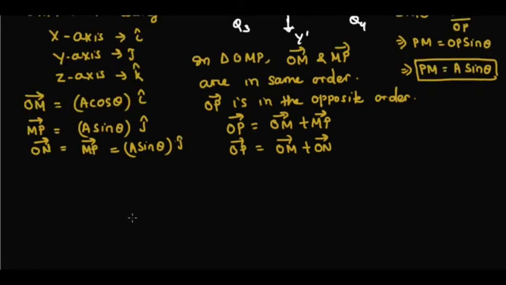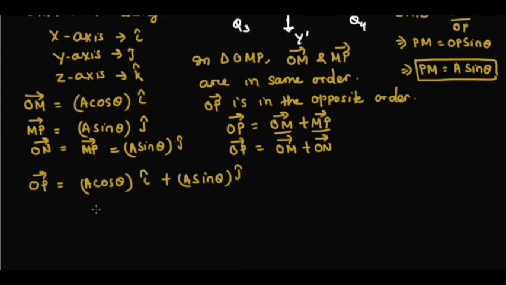So I can write OP vector like this. OP vector is OM vector plus MP vector. So OM vector is a cos theta i cap plus MP vector or ON vector is a sin theta into j cap.